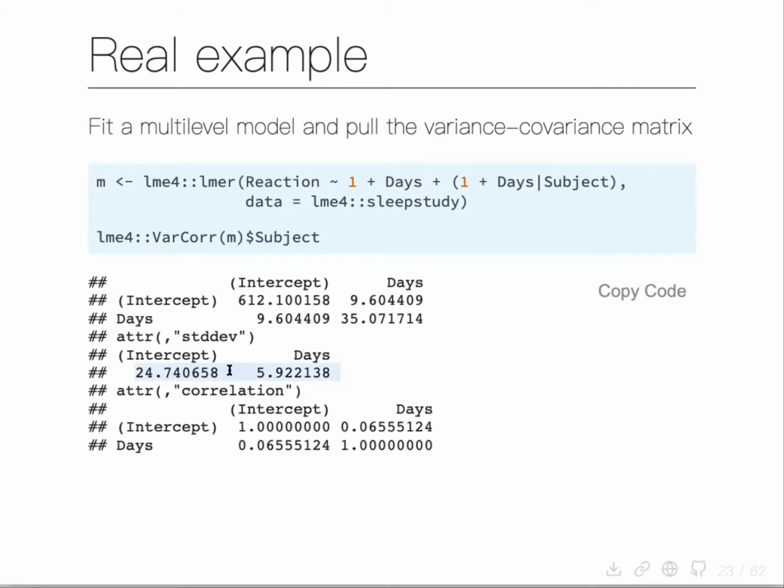So that's nice additional information to have. And then additionally, it gives me the correlation matrix. So this covariance might be hard to interpret on its own, but you can look at it down here and see what that correlation is, right? So this is useful additional information that comes with the VarCorr function, even though the actual object itself is only this variance-covariance matrix. Does that make sense? So if I were to pass that object to another function, the only thing that would actually go with it is this variance-covariance matrix, not the correlation matrix or the standard deviations.